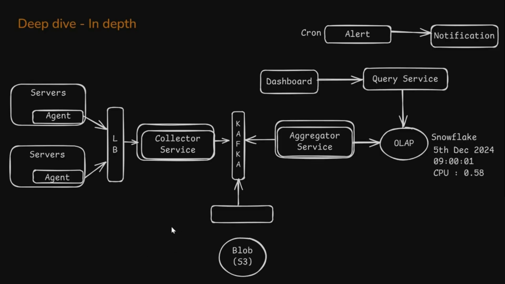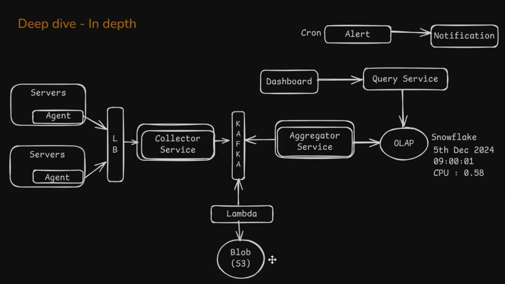So how can this data go into our S3 bucket? What kind of a service could it be? This service needs to continuously check in the Kafka if there are any messages and put them into the blob storage. It could be a simple lambda or it could also be a cron job here which can continuously check and push and just dump this raw data in our S3 bucket.